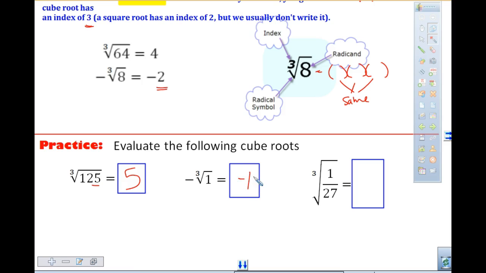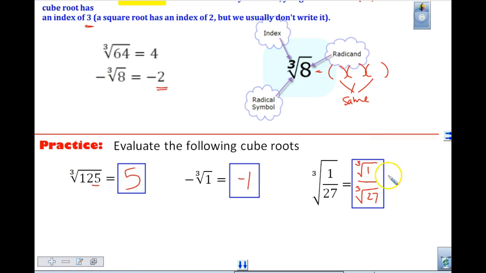Now, this cube root of 1/27, you're going to do in the same way as we did those fractional ones. So you're going to think, oh, what is the cube root of 1 divided by the cube root of 27? And the cube root of 1 is 1, and the cube root of 27 is 3.